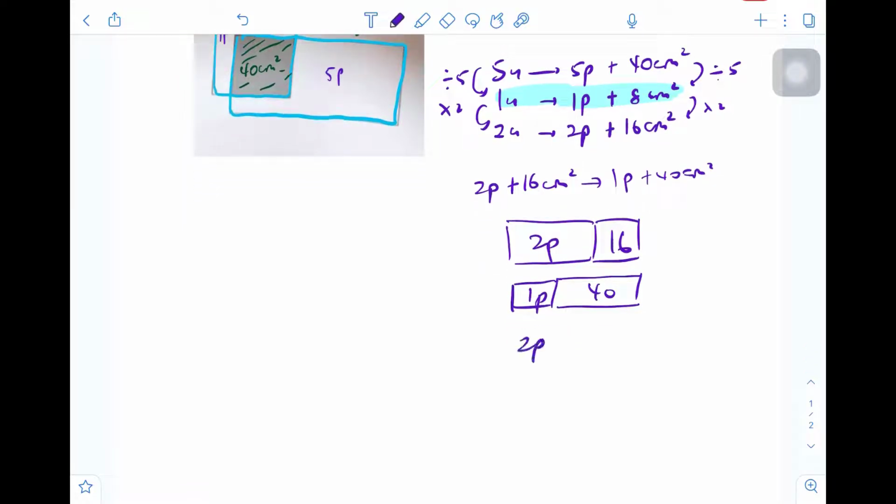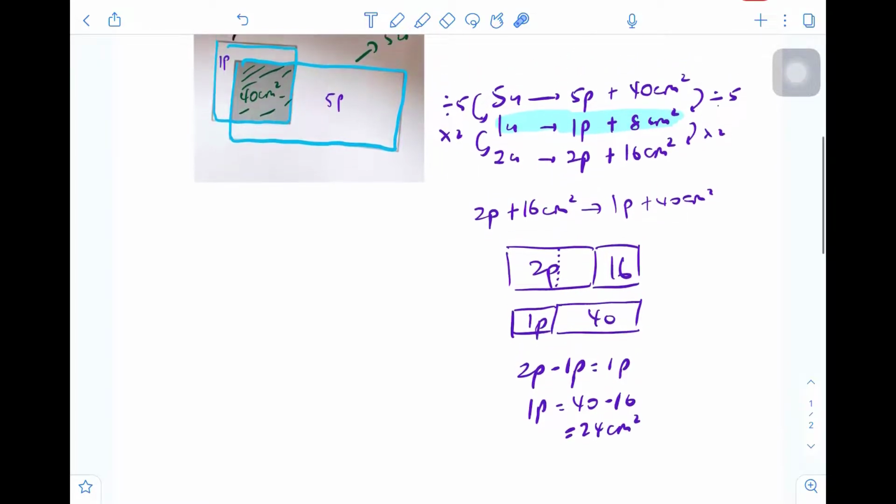So 2 parts minus 1 part will be 1 part, and the value of 1 part will be the same as 40 minus 16, which is 24 cm square, right? Because this blank box, or this dotted line here, and this box here represents 1 part. So 1 part is just 40 take away 16, which is 24 cm square.